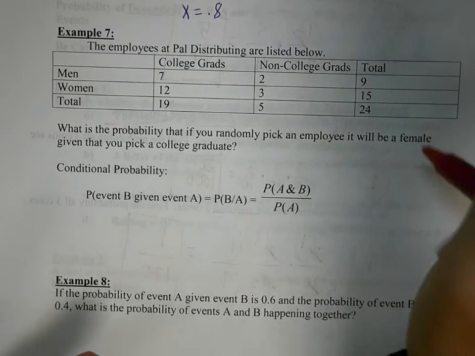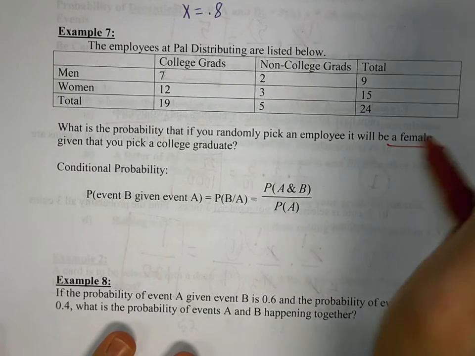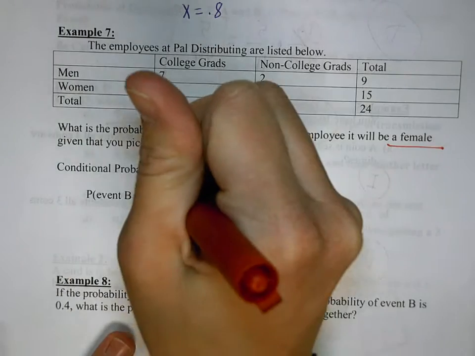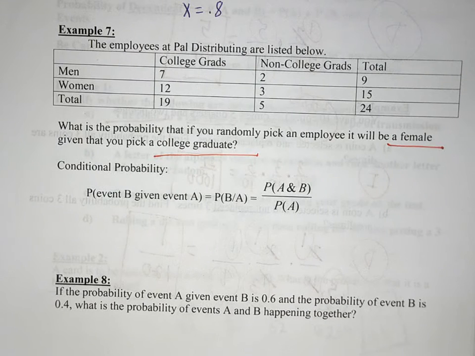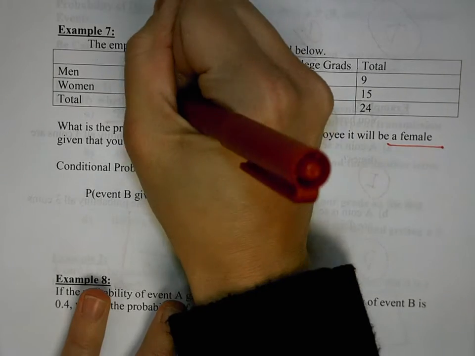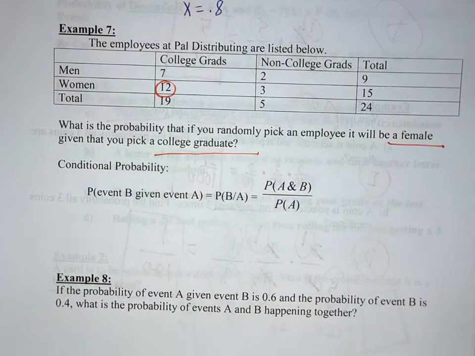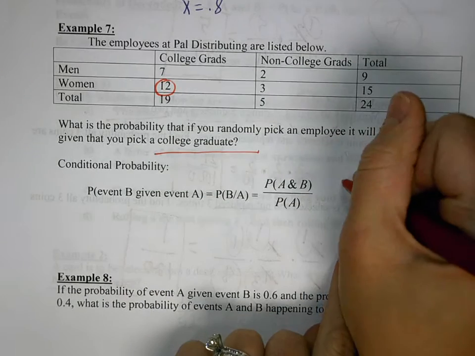So your first one is your and. Where are females and college grads? There are 12. Very good. So your top number is your and. It's where they are together. So this top number right here is 12.